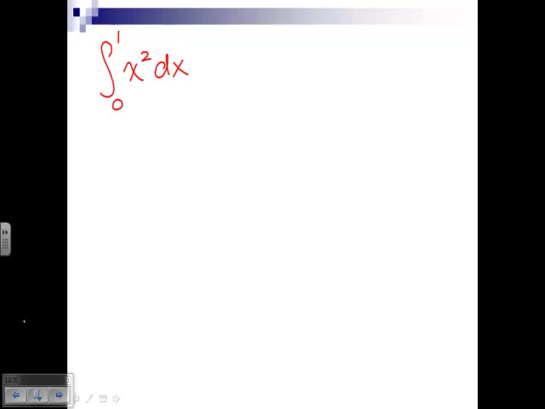So, all right. I could say this is going to equal big F of 1 minus big F of 0, as long as F is an antiderivative of x squared.